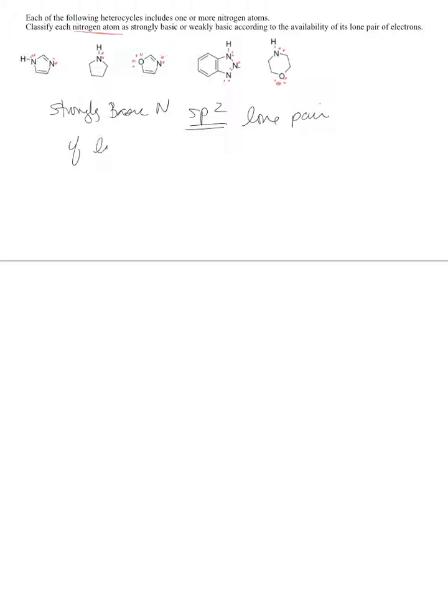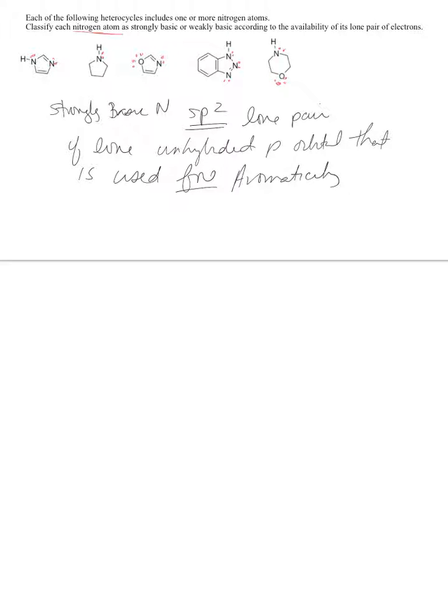If its lone pair is in an unhybridized p orbital that is being used for aromaticity, meaning it's delocalized into the ring system, then it's not available to go and be a base.